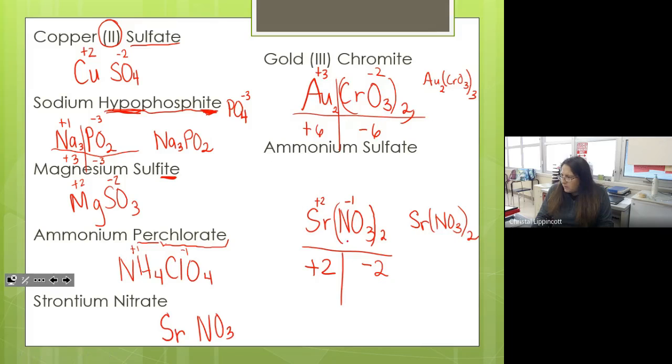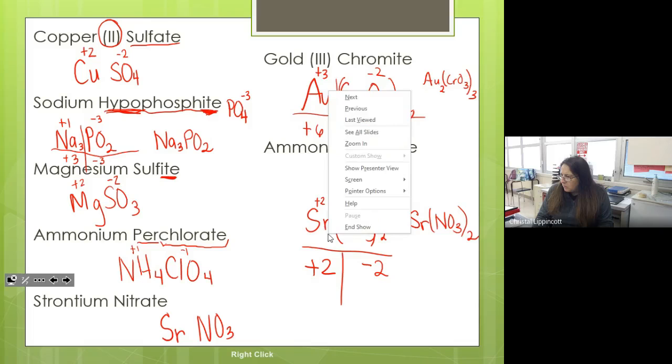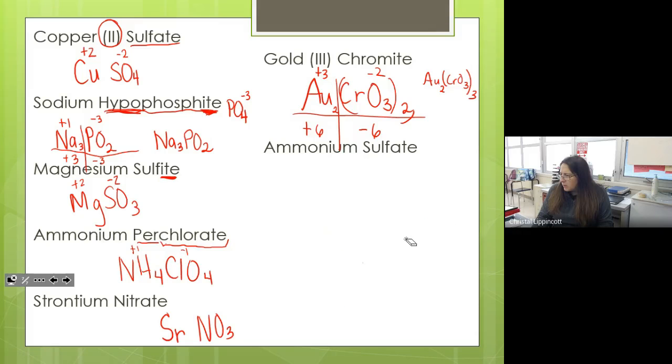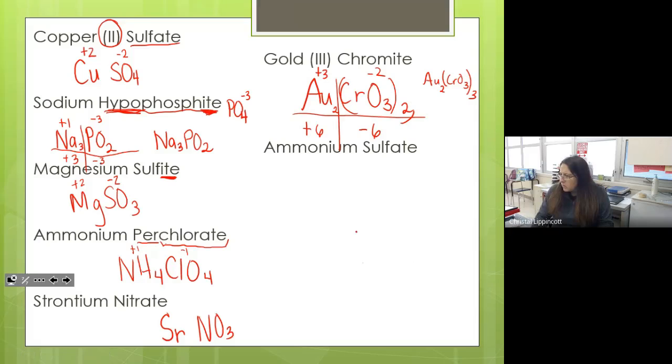All right, let me see if I can get rid of some of this mess here. There we go. All right, try this ammonium sulfate. Have my pen back? I do. Okay, there we go.